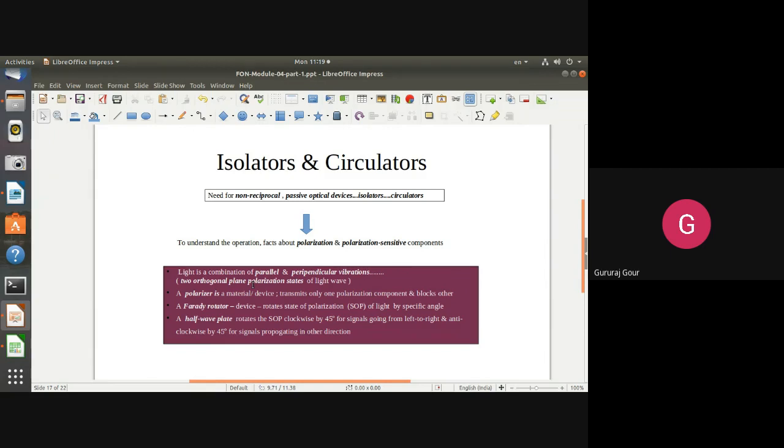And your propagation of information is happening in a direction orthogonal to both. It is three-dimensional. If you take x as the E component and y as the H component, the information is propagating in the direction orthogonal to x and y. That is z.